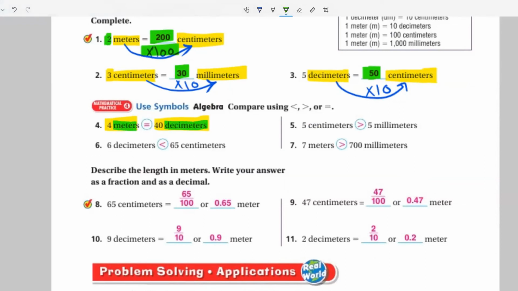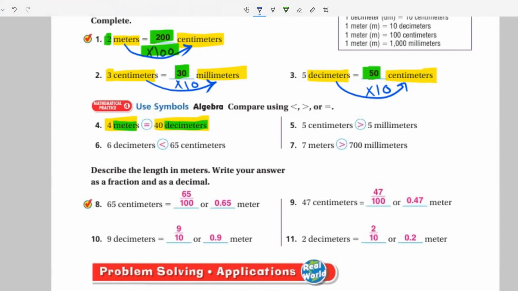I'm asking for the units. The units are different. So you have to make them the same units, right?